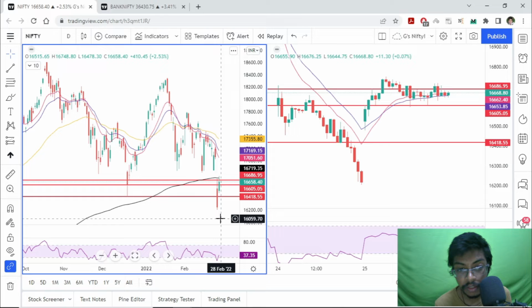So let me make them green. These are the levels that I would consider as targets initially to begin the trades with, but in the first 10 to 15 minutes we will see volatile stuff.